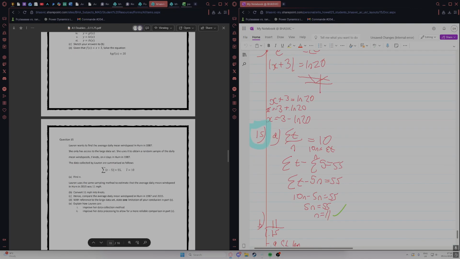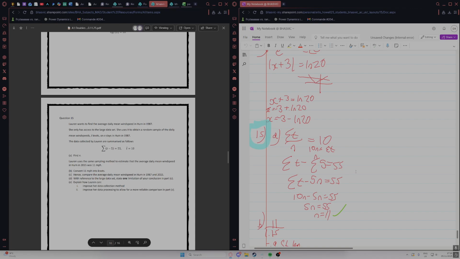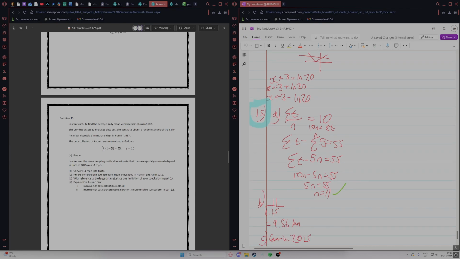Now we have the best question in the entire assignment, obviously the large data set question. Firstly, we're just finding n, and we're given the sum. We can do the sum thing that I did earlier, where you do minus 5, sum to n, like this. There's also an n here, but I just haven't written it because it's not important.